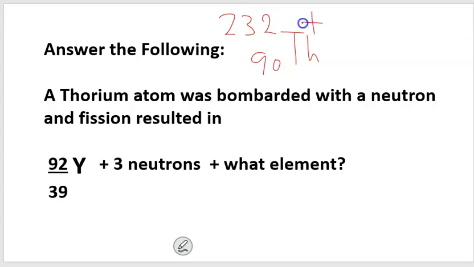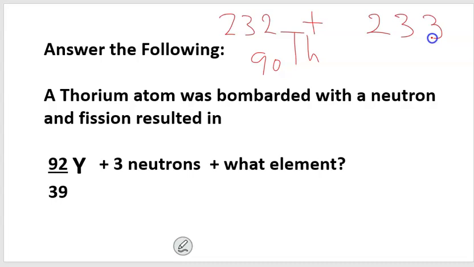So what were my inputs? I had 233 that I must account for. Well, what do I have left? First, let's see what element we're talking about. Thorium has 90 protons, but I'm using up 39 of the protons for yttrium. So how many protons are left?